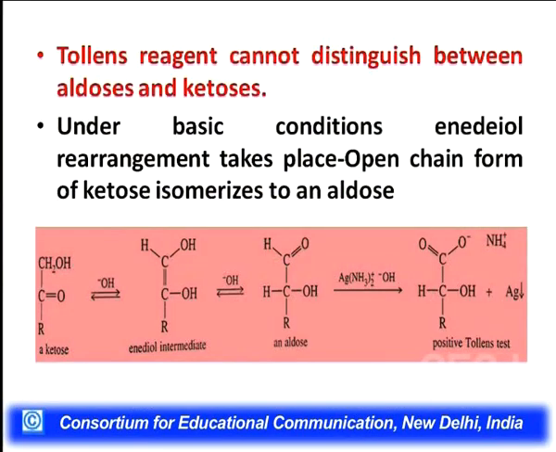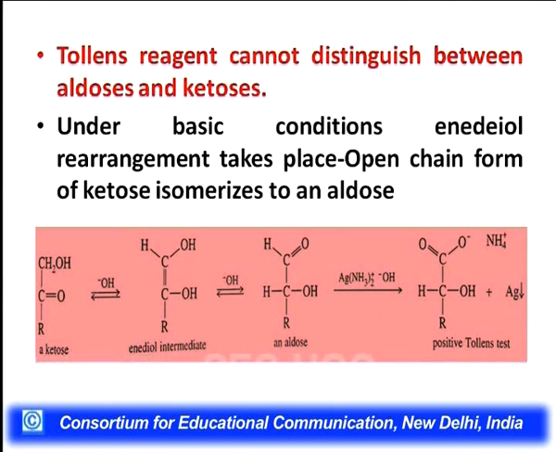Another important thing to keep in mind is that Tollens reagent distinguishes between glycosides and the hemiacetal form of the sugar, but it cannot distinguish between aldoses and ketoses. As I discussed in a previous lecture, a ketone under basic conditions undergoes enediol rearrangement.